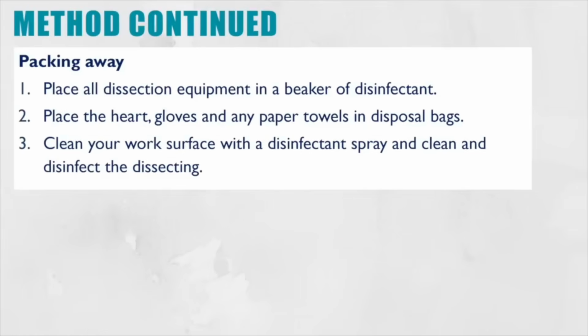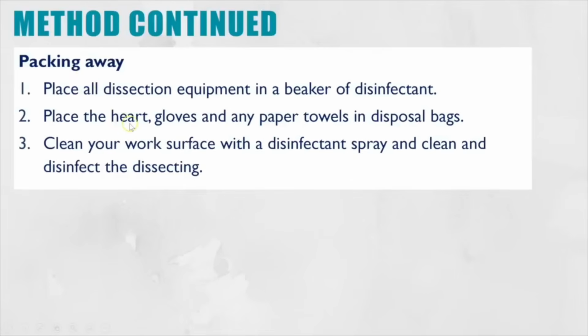And this is key because one of the things you'll be assessed on is the safe use of equipment, but also animal product while you're doing a dissection. So all dissecting equipment needs to be placed in disinfectant, just in case there are any potential pathogens on the organ you've been dissecting, which will then kill the pathogens.